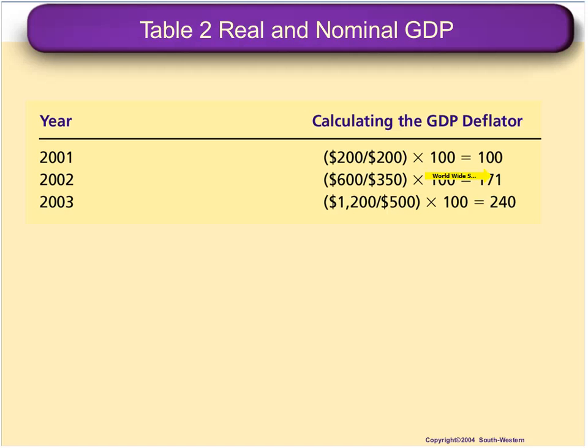The GDP deflator will be 1.71 or 171%. In 2003, nominal GDP 1,200, real GDP 500, and 2.4 or 240 is the GDP deflator. I hope that you understood that. Okay, good. So let's go back to the place that we were.